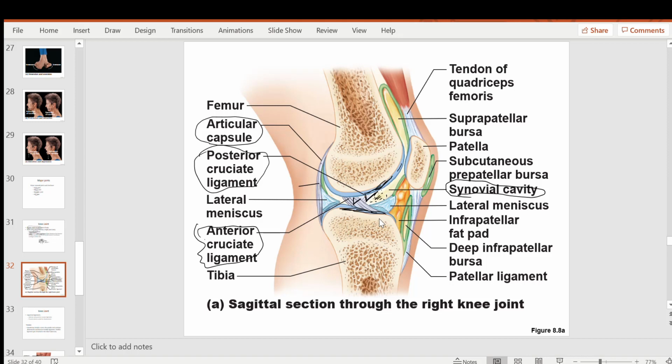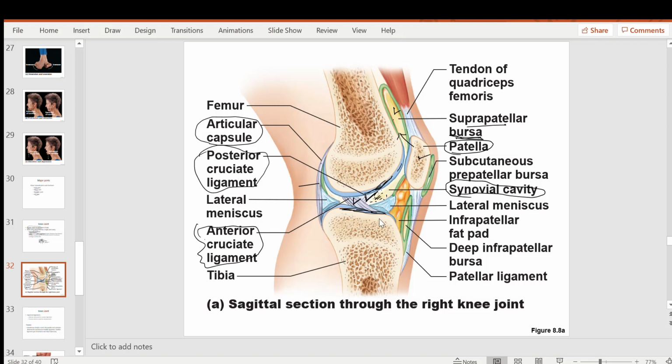A number of bursa are around the knee joint to reduce the friction between the tendons or ligaments and the bones. So this one, you see a large bursa. This is called suprapatellar bursa. Makes sense? Because this is patella, the bone. So it is above the patella. That's why it is called the suprapatellar bursa.